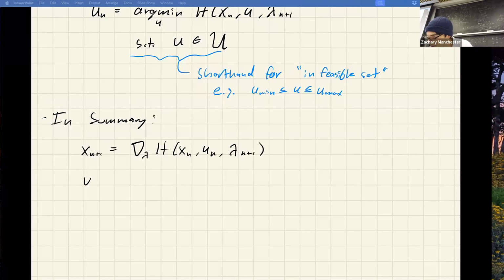So here's x, u, oh no, sorry, we're going to do lambda. Lambda k equals gradient with respect to x of H. And then we've got the u one where we said we're just going to leave it as an optimization problem.